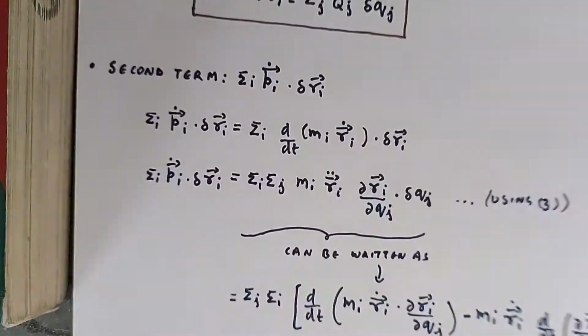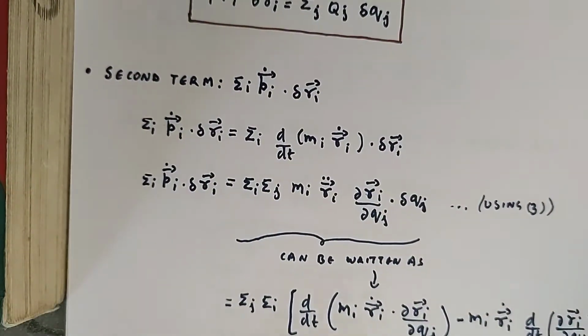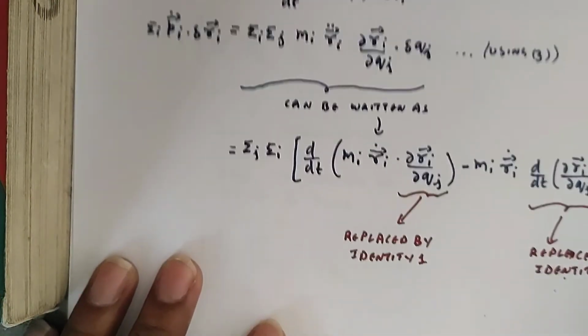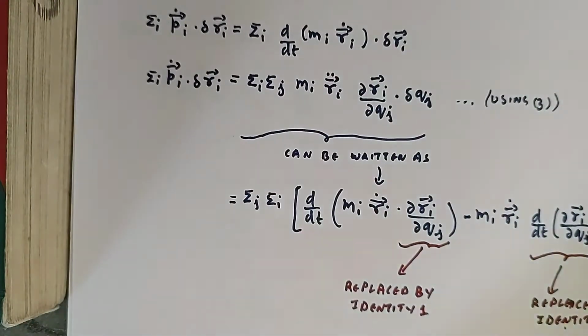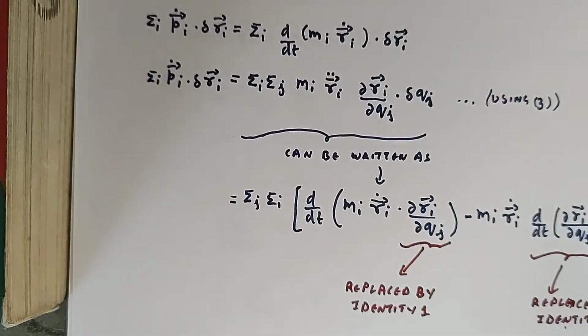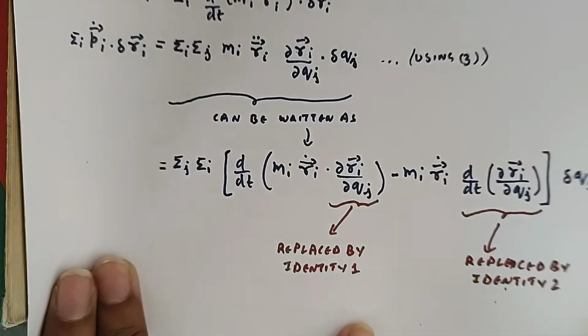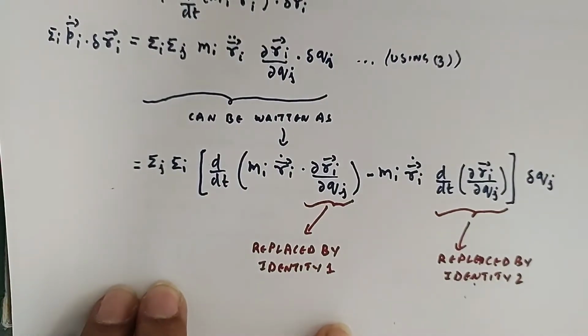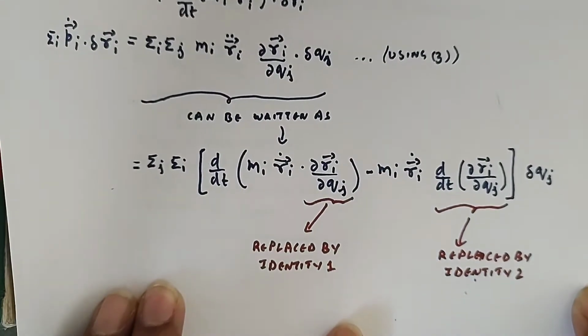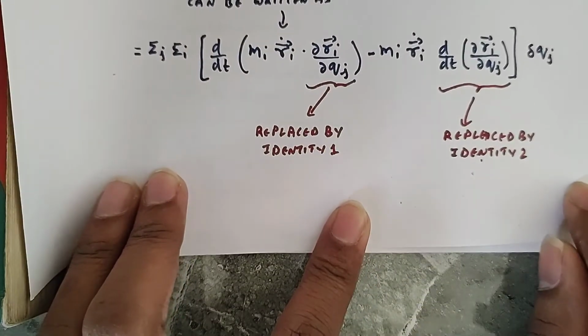But at a higher level there is something called Einstein's summation convention. We don't need to use summation, but at this point I have to use it, but that's alright. So this particular equation can take this particular form.